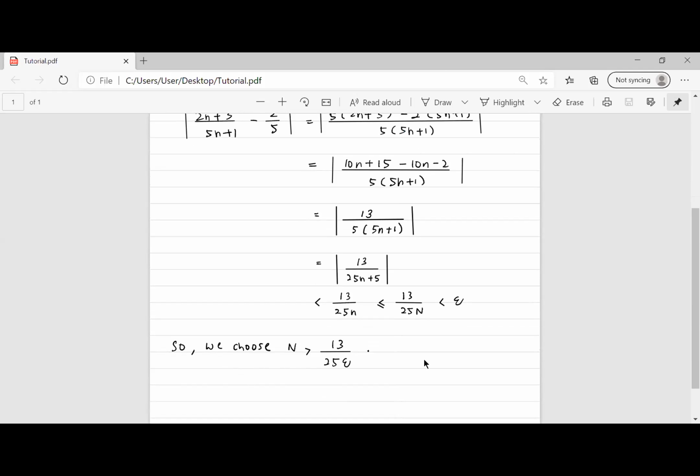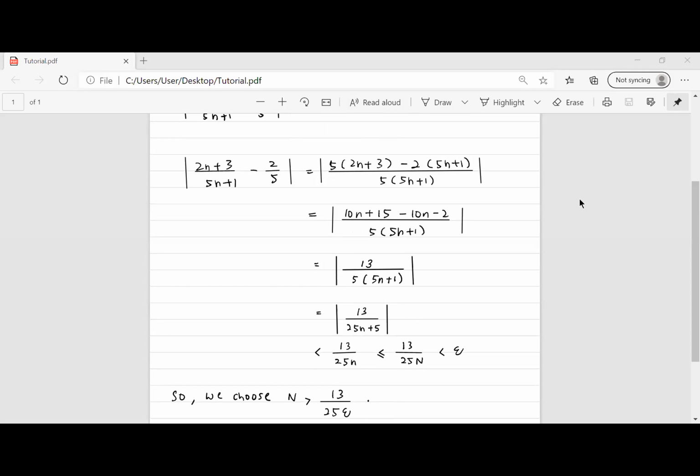Okay, great. This is completely correct. Basically, you used the correct bound there. 13 over 25n plus 5. You correctly bound it with 13 over 25n. Actually, there are many other possible bounds.